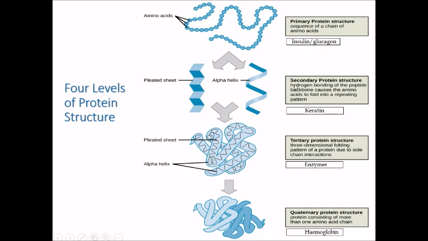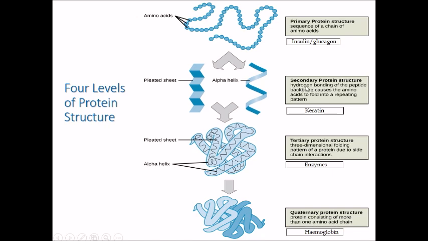And then the next one is secondary protein structure. Secondary protein structure involves hydrogen bonding. Primary only involves peptide bond. However, for secondary protein structure, they involve a peptide bond, and then they involve hydrogen bond.